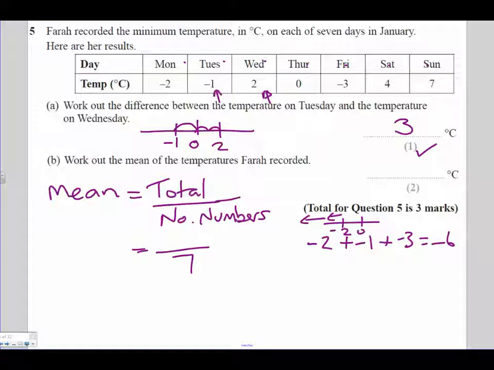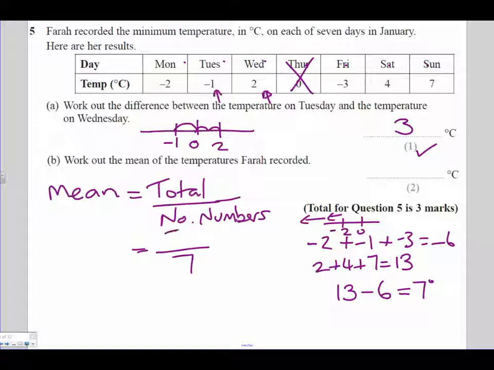Add the positive numbers, so we can ignore Thursday as it's 0. So we have 2 degrees for Wednesday, 4 degrees for Saturday, and 7 degrees for Sunday. So 2 plus 4 is 6, plus 7 is 13. So what we have is 13 positive, take away 6 negative, and that gives us 7 degrees.